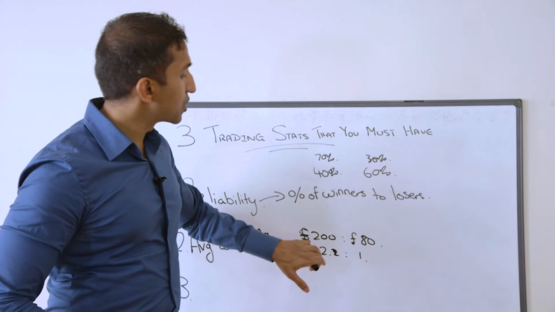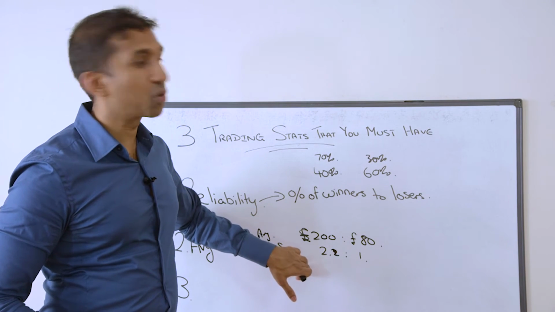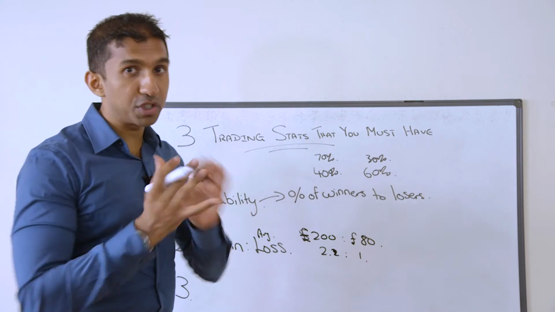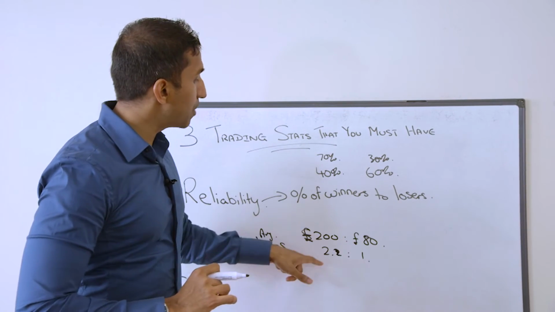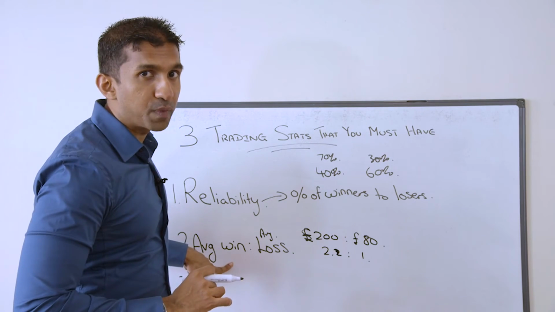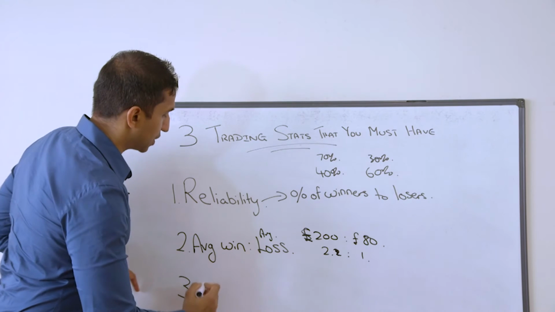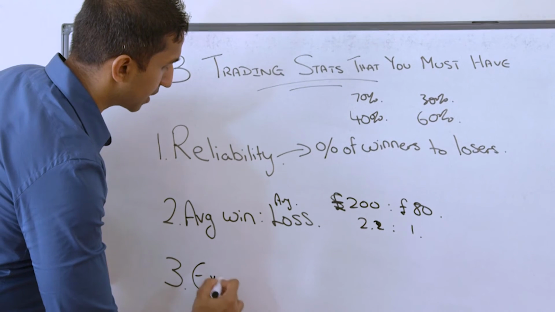this is what I'm looking to tell you: we're looking at average win to average loss, and that's what you need to calculate in your stats, how much your winners are winning on average compared to your average loss. The final stat that you need to know is your expectancy.